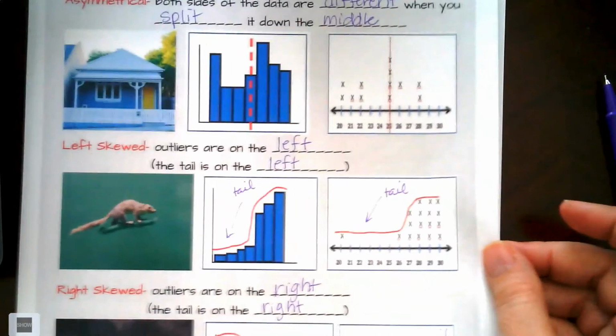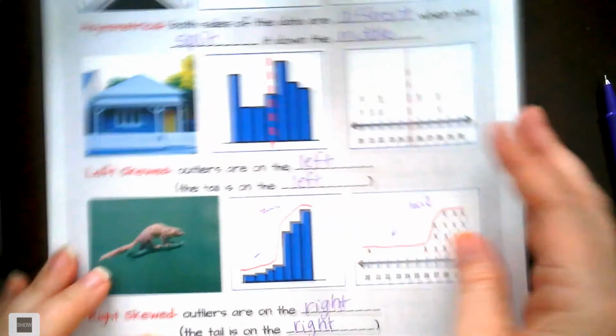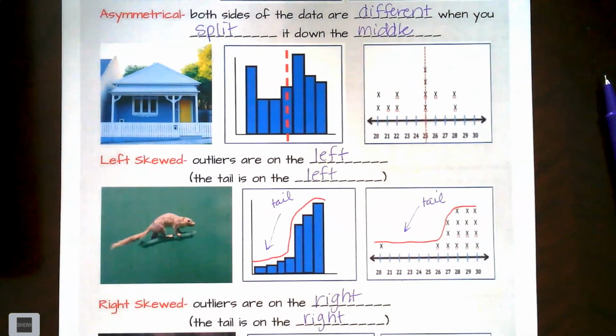These terms we'll talk about more as the unit goes on, but these visuals, these images are great to have a mental image of what you're looking for when we're talking about these terms. Practice those as we go along, and I hope this helped you to understand the terms for data displays.